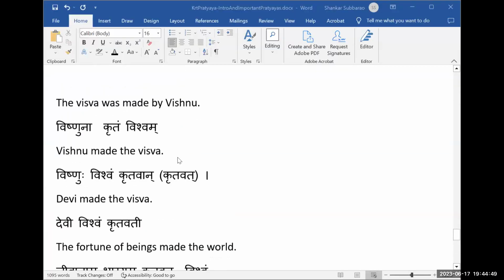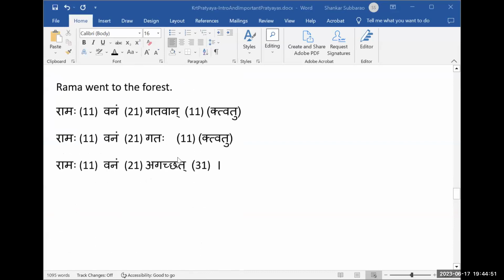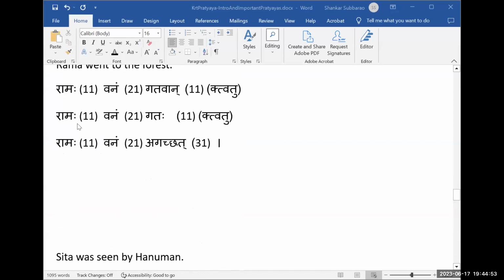What do you say about this now? Ramaha vanam gataha. Is this karmani? This is kartari. Then this is wrong. I should change that. It's kartari. So how do you say kta is only karmani? Not true.